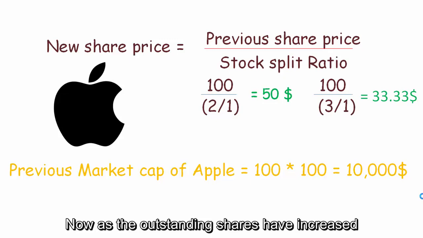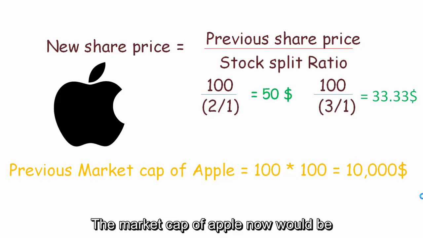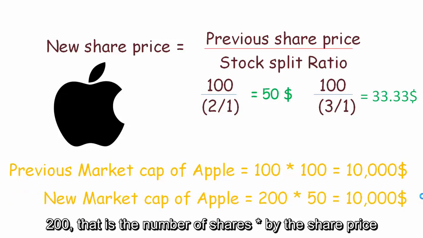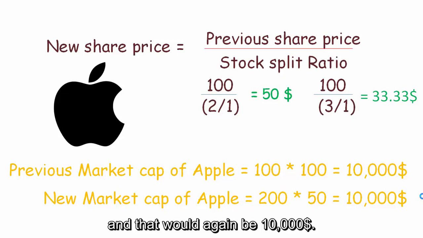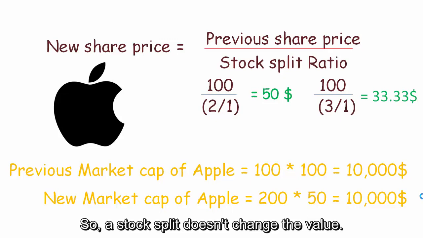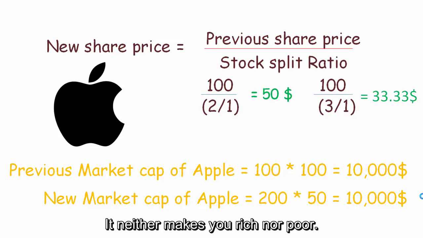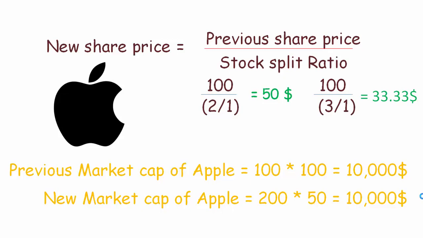Now, as the number of outstanding shares has increased, the market cap of Apple would be 200, the number of shares, multiplied by the share price, which has been reduced by half to $50, and that would again be $10,000. So a stock split doesn't change the value; it neither makes you rich nor poor, and all things remain the same except that the number of shares increases and the share price decreases.